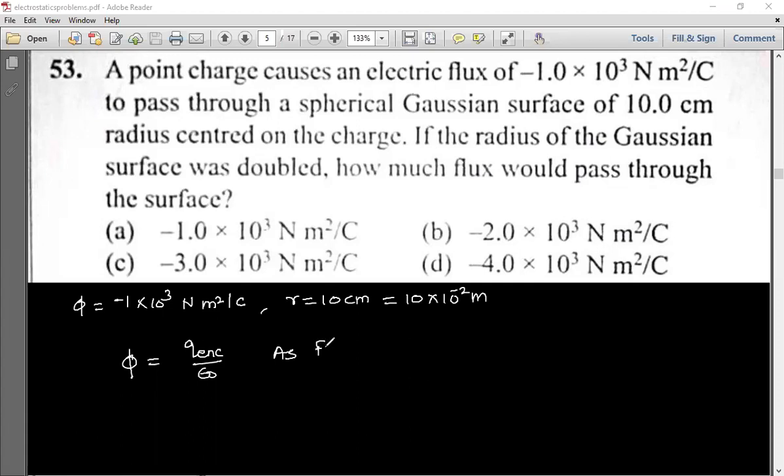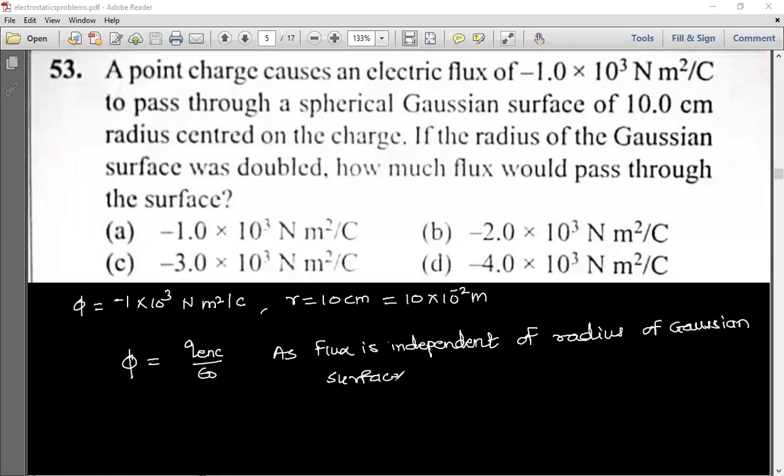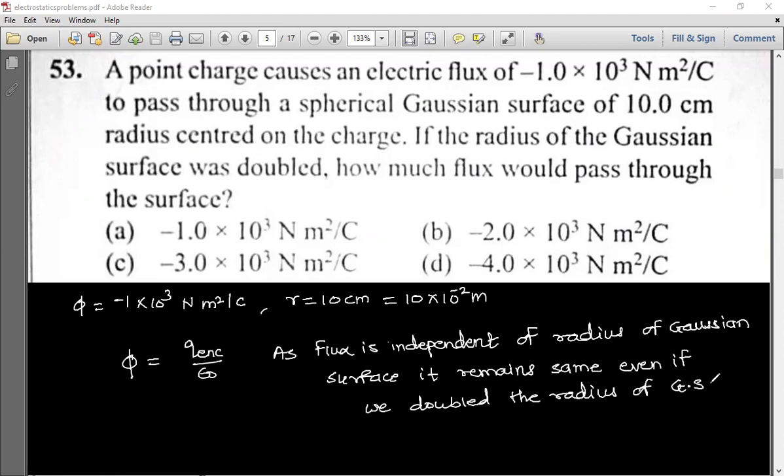No. As flux is independent of the radius of the Gaussian surface, it remains the same even if we doubled the radius of the Gaussian surface.